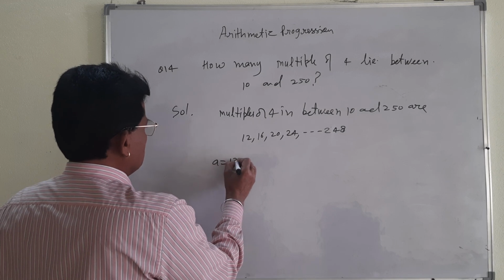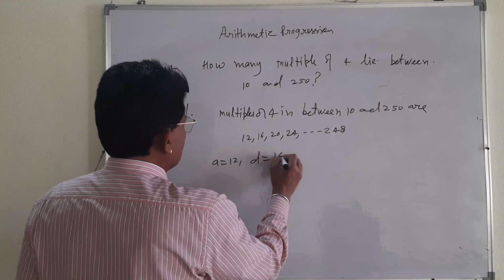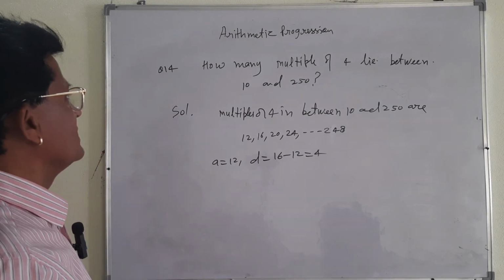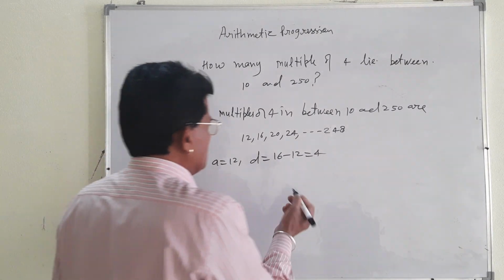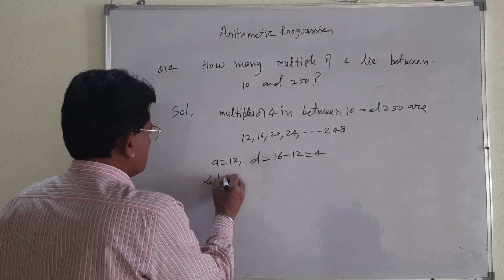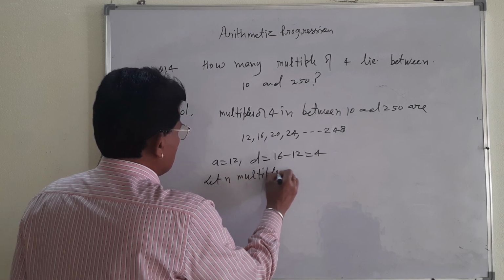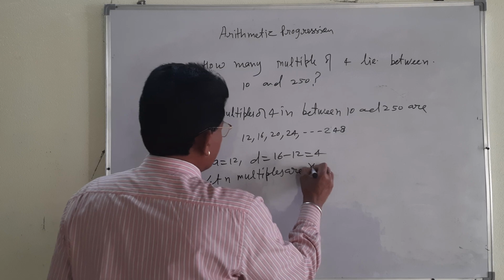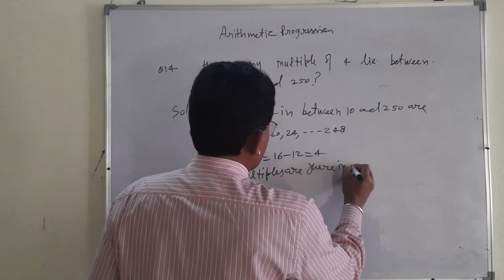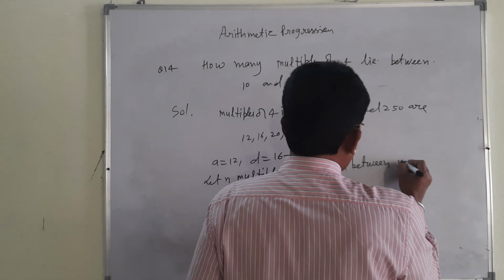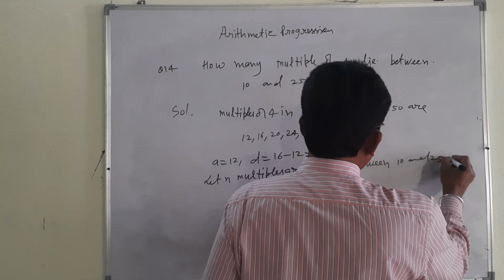Find its solution. a is equal to 12 and d is equal to 16 minus 12, that will be equal to 4. Let there be n multiples in between 10 and 250.